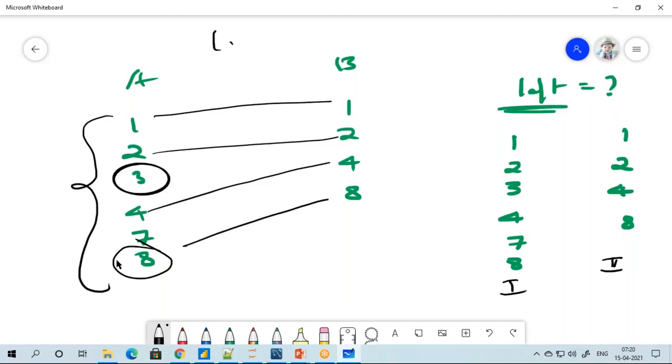This is called left join. So the customers who have transacted and the customers who have not transacted will also come, because it's a left join.